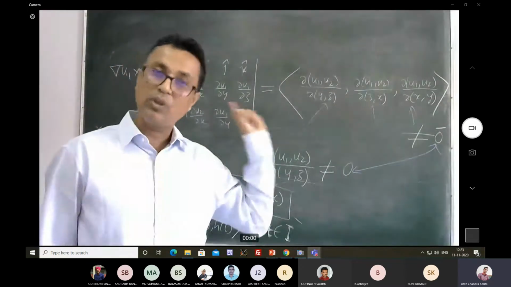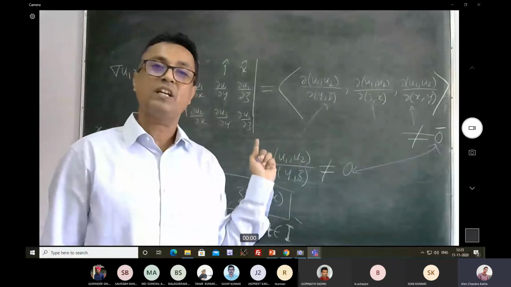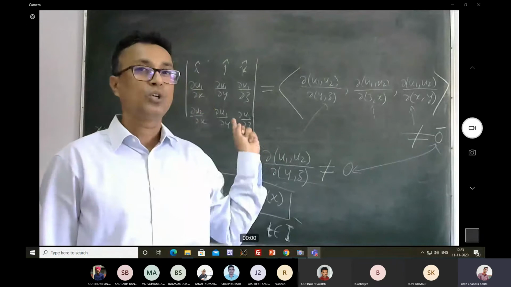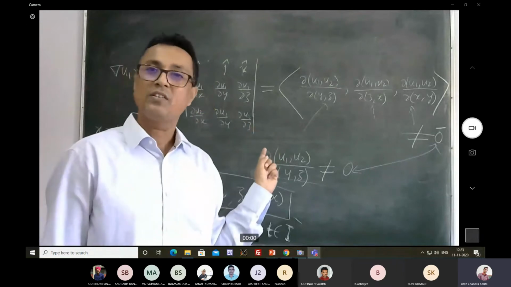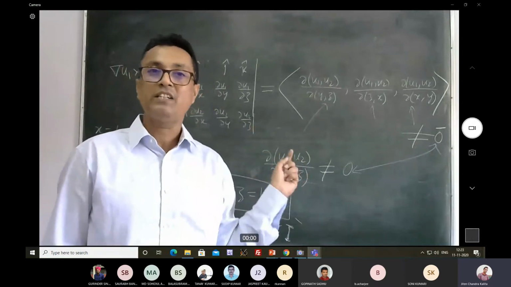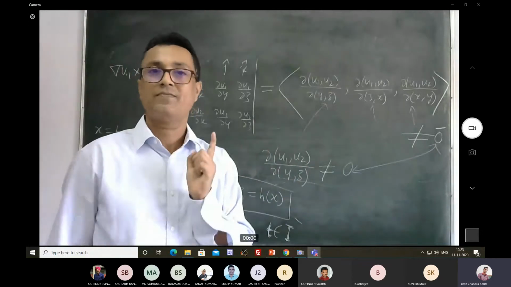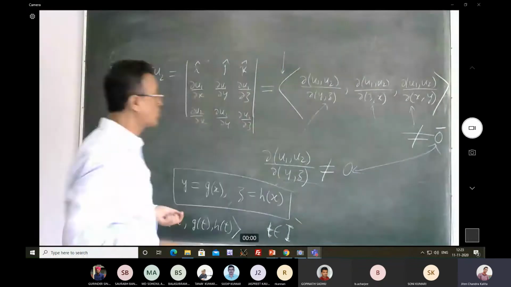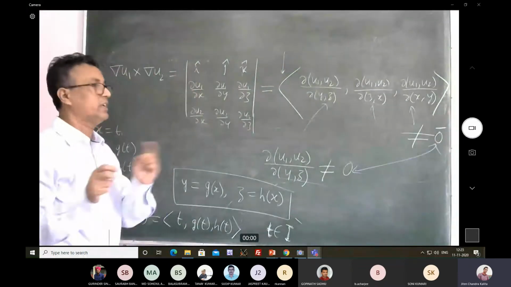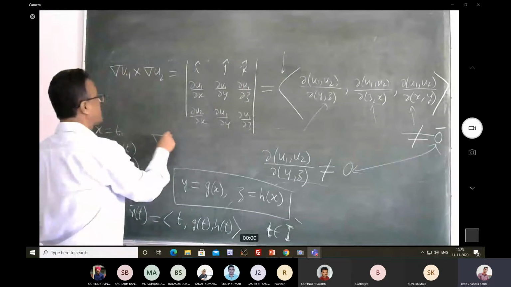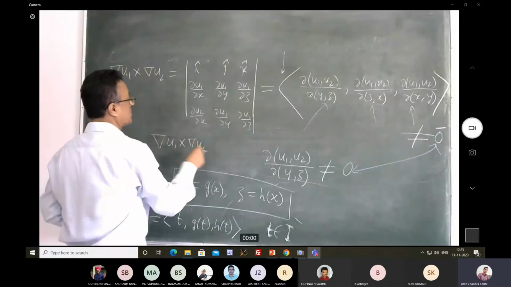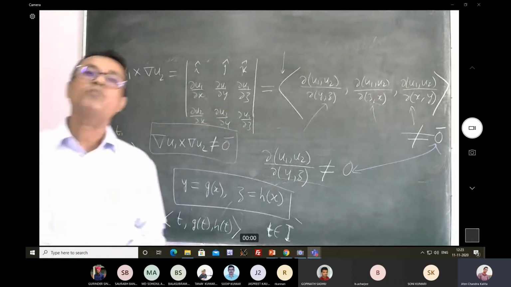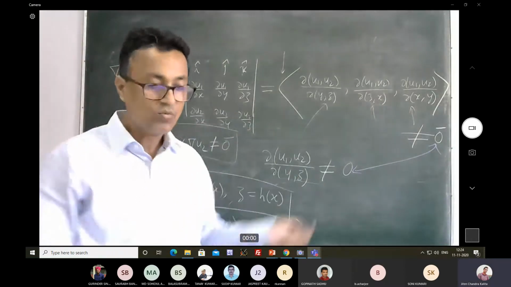So this is what is going to guarantee me a curve as the intersection of those two level surfaces, and I'll be able to find a parametric representation of that curve. So this part I require today. Because of this gradient of u1 cross gradient of u2 being not equal to 0, this is definitely going to guarantee me a curve of intersection. That's it. That is why I have written this.